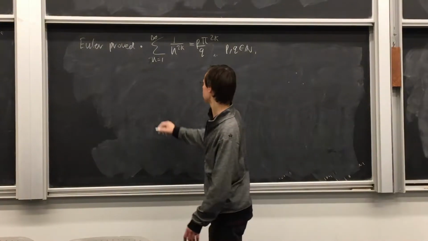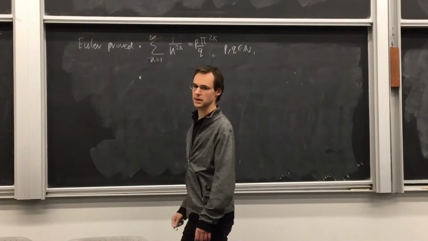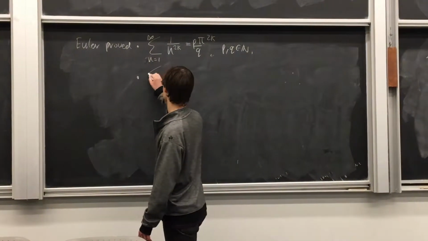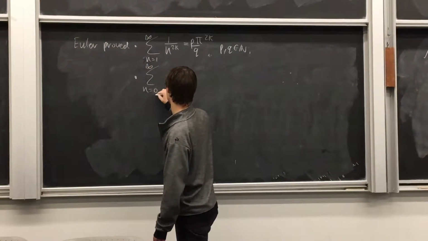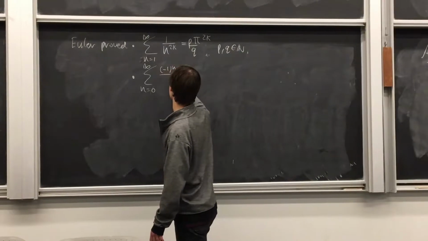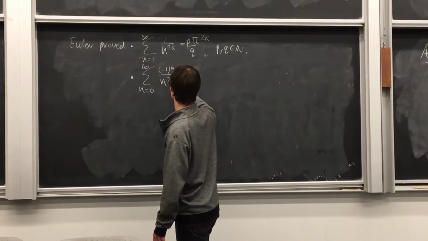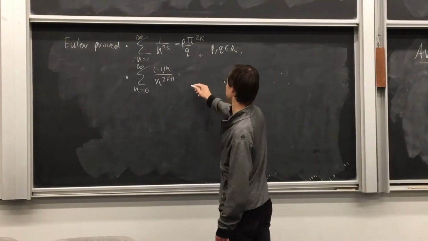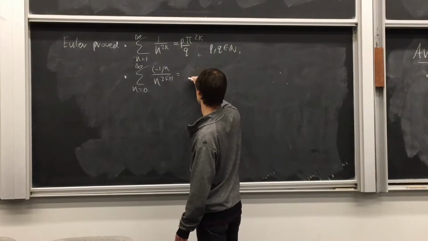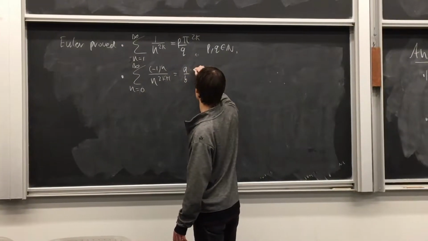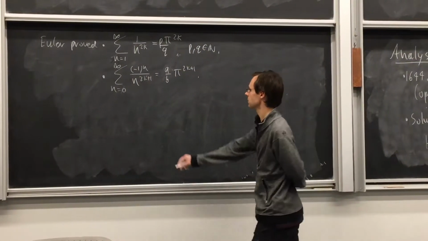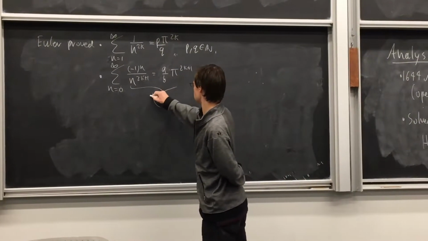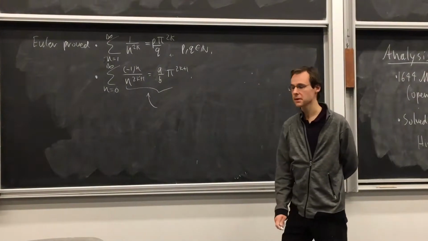Okay, that's what he proved. His method also gave him the alternating odd series. So he found that the sum from n equals 0 now to infinity, negative 1 to the n over n to the 2k plus 1 can also be written in this form. It's also p over q, I'm going to write a over b this time, times pi to the 2k plus 1.